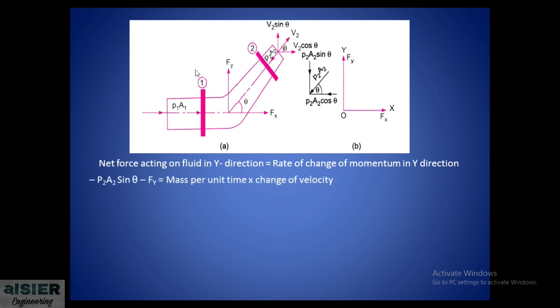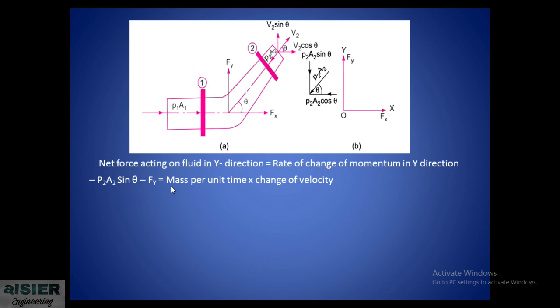For the first section, there is no force in the y direction, so we cannot put any force here. But for the second section, we have the resolution of P2 A2 along the y direction, which is P2 A2 sin theta, and it is in the opposite direction, so it is minus P2 A2 sin theta. Minus Fy is again the force exerted by the pipe bend on the flowing fluid, which is opposite to the direction of Fy.